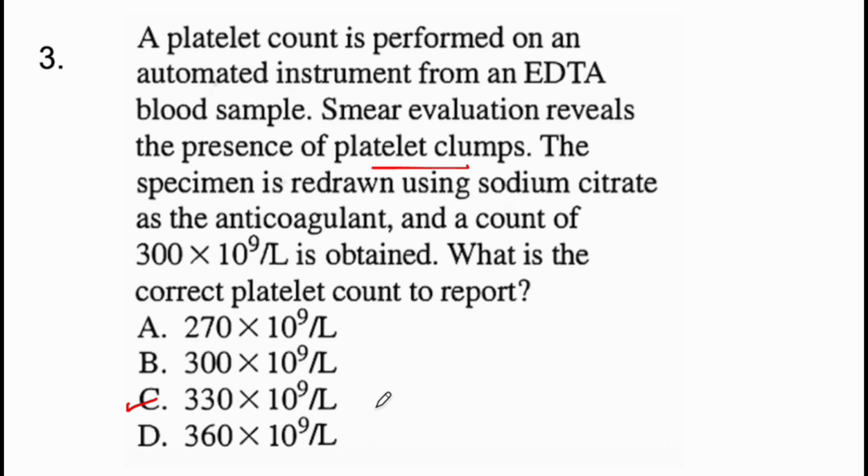You must correct for this dilution by multiplying the instrument's result by 1.1. So the calculation is your result, 300 x 10^9 per liter, multiplied by 1.1. So you must always report the corrected count, 330 x 10^9 per liter.